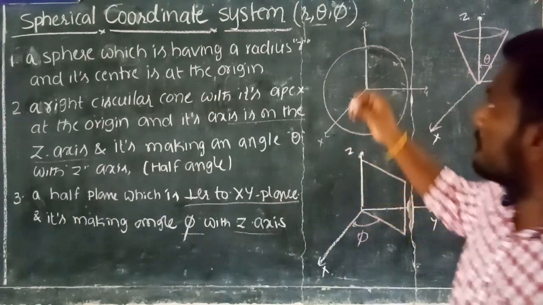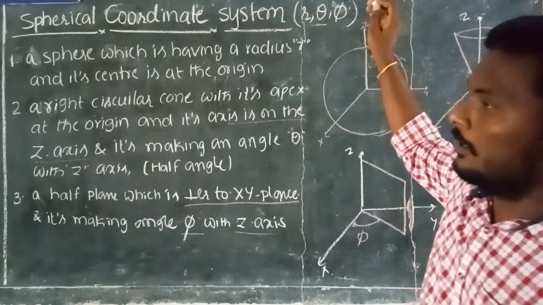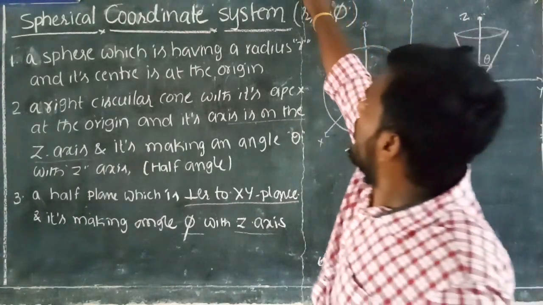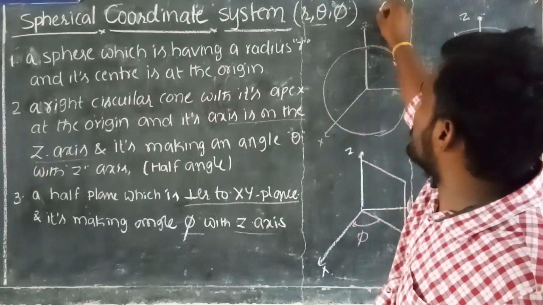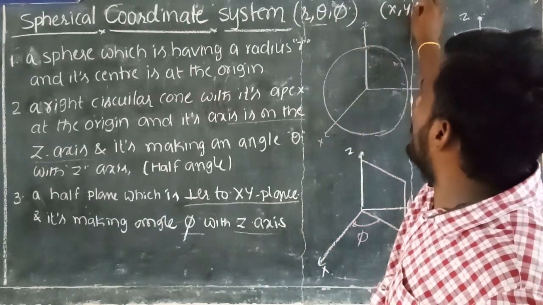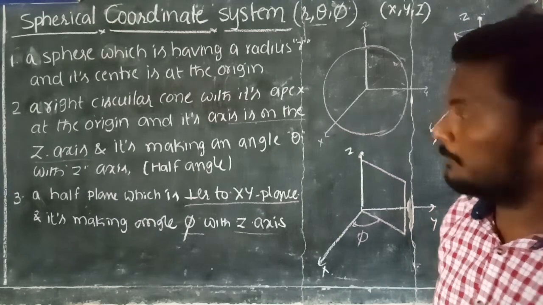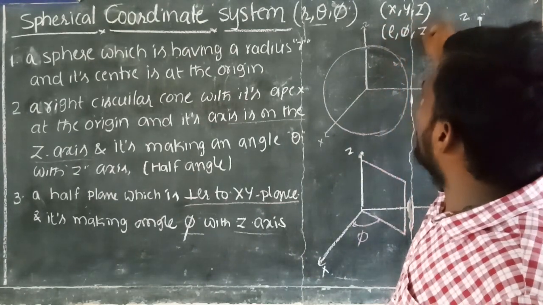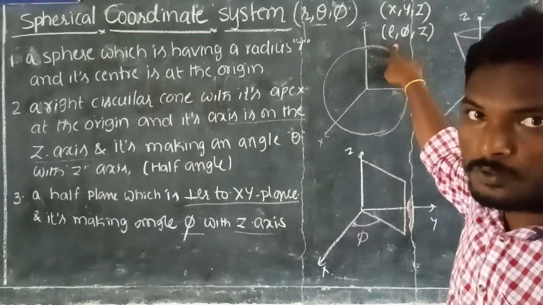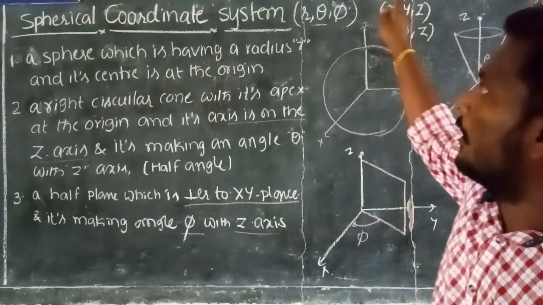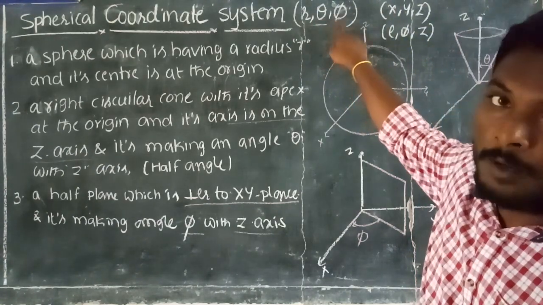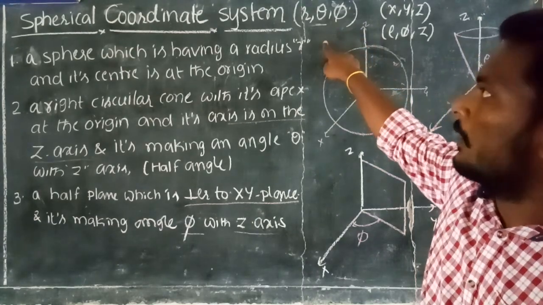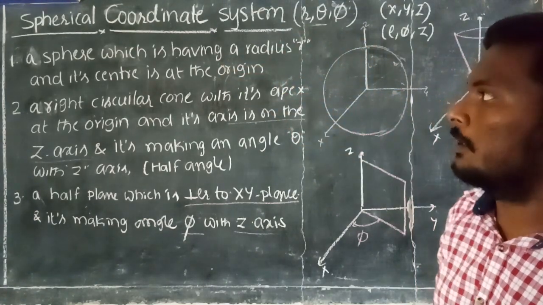Whereas the axes used to define our Cartesian coordinate system are x comma y comma z, and rho comma phi comma z are the axes used to define our cylindrical coordinate system. Now r comma theta comma phi are the coordinates used to define our spherical coordinate system.